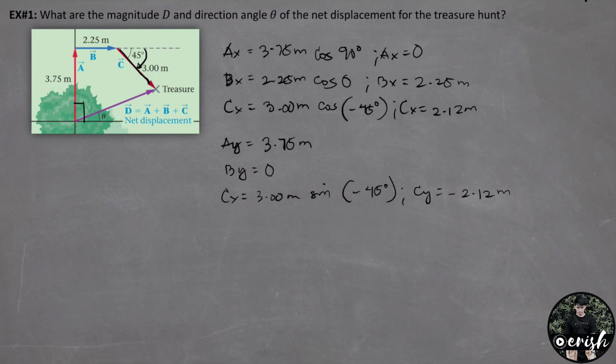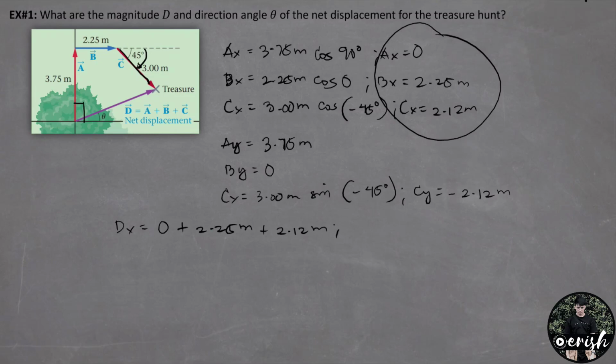I-add natin sila lahat ngayon and that will be the value of DX and DY, yung horizontal and vertical component ng vector sum natin. For DX, i-add natin lahat ito, 0 plus 2.25 meters plus 2.12 meters, DX is equal to 4.37 meters.